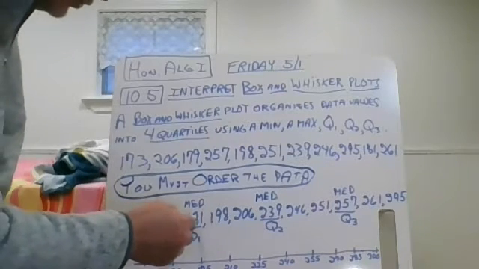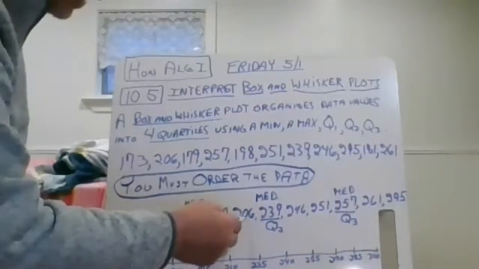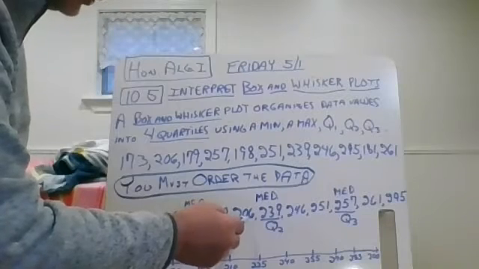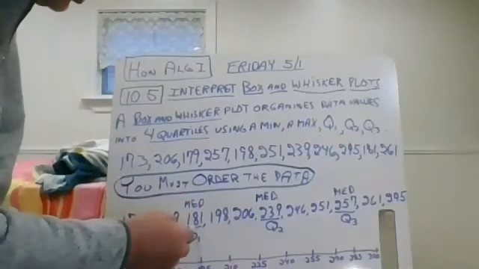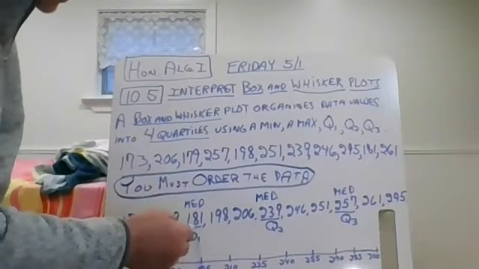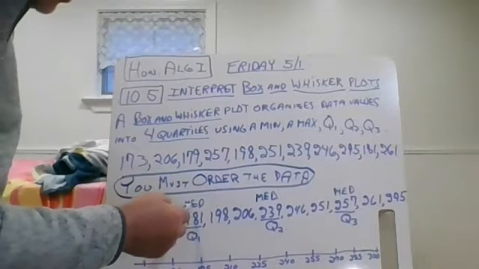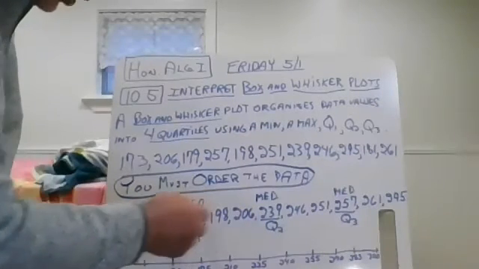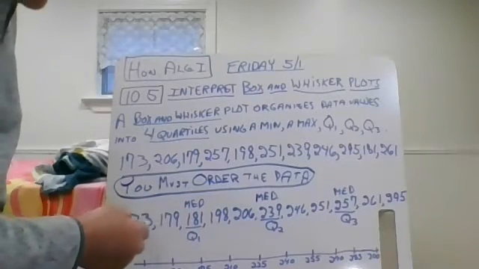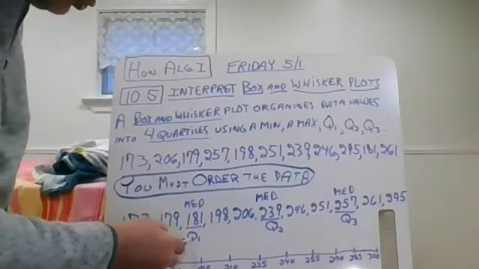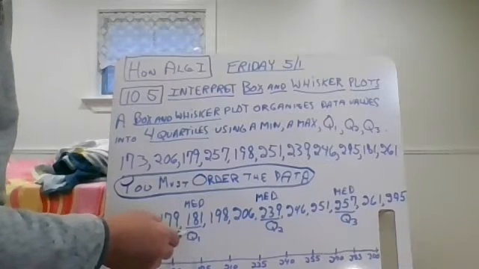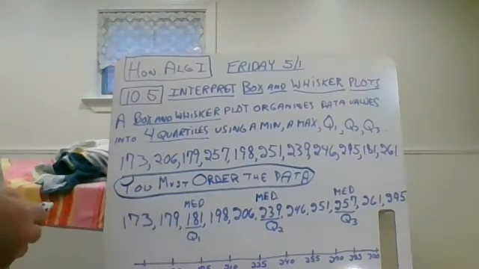And you have 1, 2, 3, 4, 5 of those. So the median is the third one, 181. That's the median of the lower half. And that's going to be called Q sub 1, the first quartile mark.